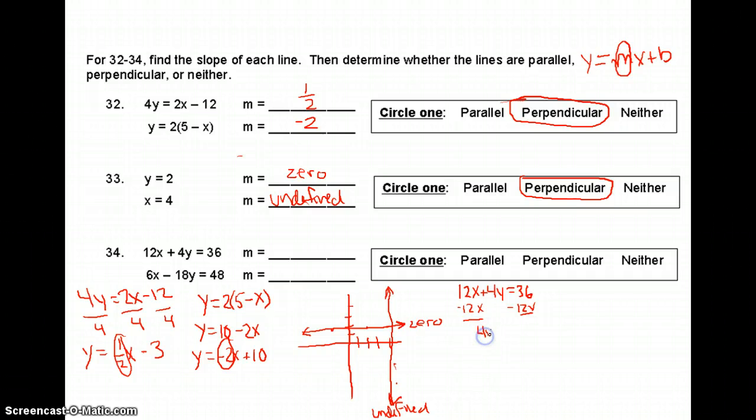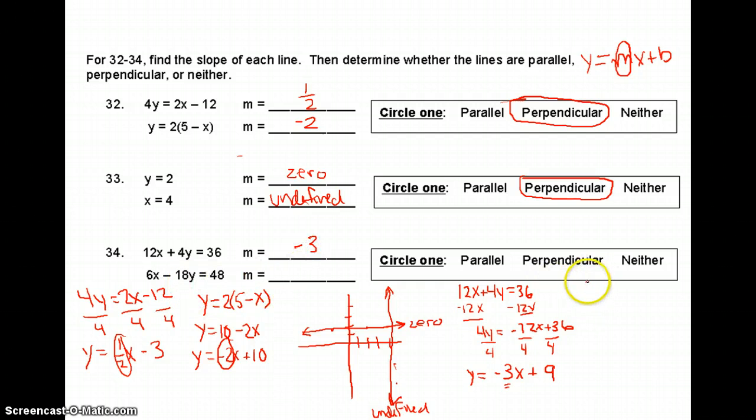Gives me 4y equals negative 12x plus 36. Divide everything by 4. Y equals negative 12 divided by 4 is negative 3x plus 36 divided by 4 is 9. Negative 3 is our slope there. So the slope is negative 3 on this one.